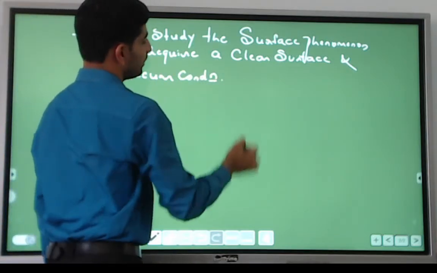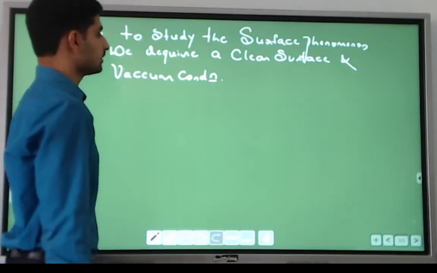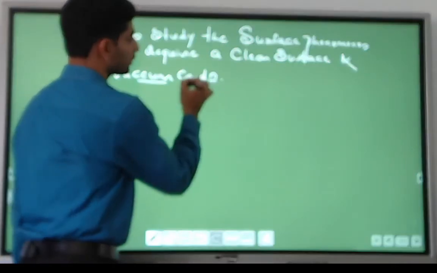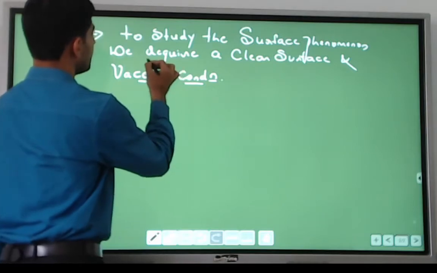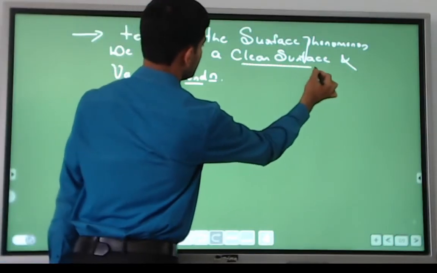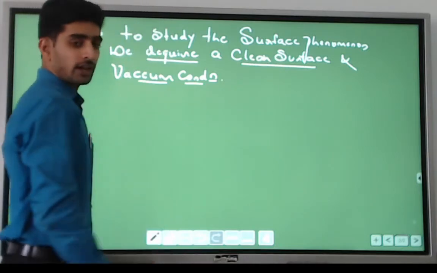Vacuum condition is nothing but where the dust particles are absent, or clear air will be present. So to study the surface phenomena, we require a clean surface and vacuum condition.